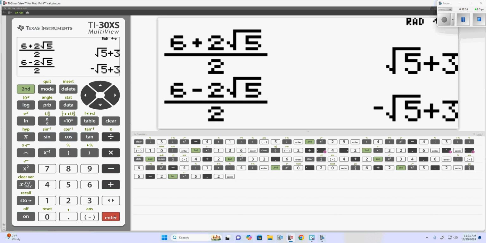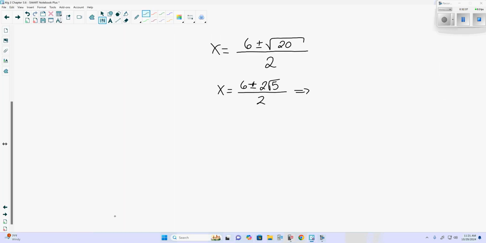If we do the minus case, we get the exact same thing, but the radical is negative instead of positive, which is really telling us that x is equal to 3 plus or minus the square root of 5.